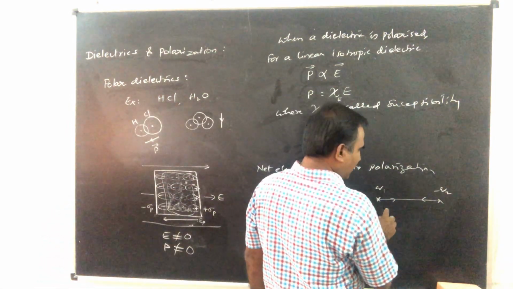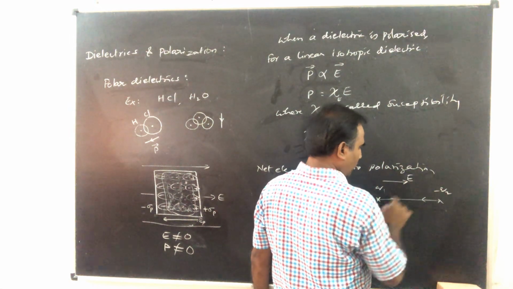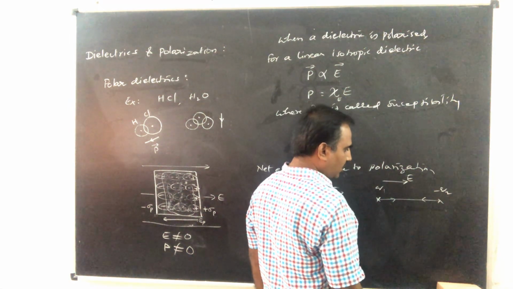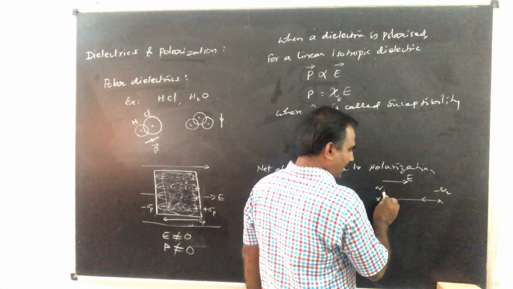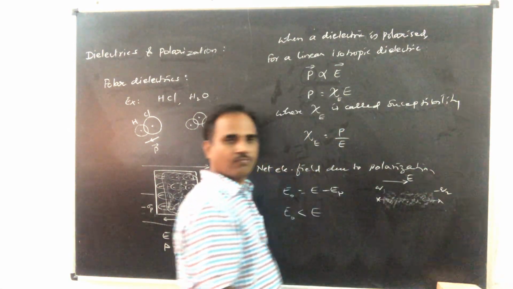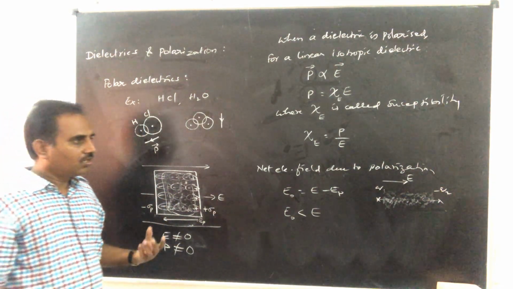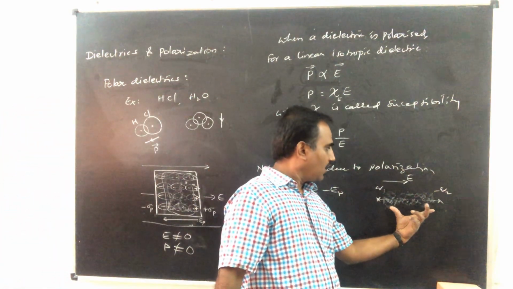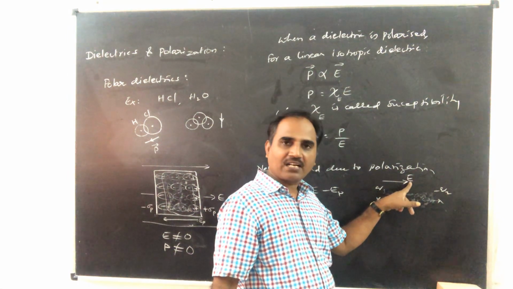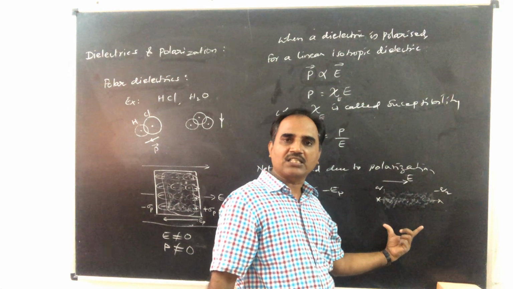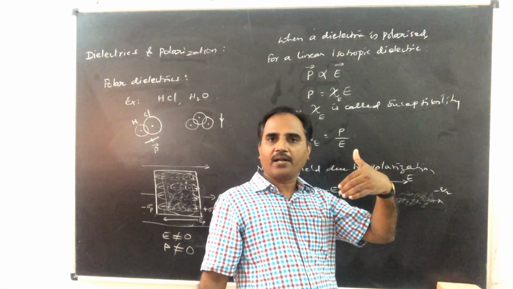There is an electric field in this direction, from positive charge to negative charge, and there is a force of attraction between them. When I use a dielectric medium like this, the dielectric medium decreases this electric field, which in turn decreases the interaction between these two charges, that is why the force gets reduced.